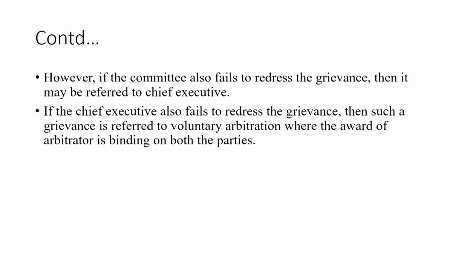If the chief executive also fails to redress the grievance, then it will go for voluntary arbitration, where the award of the arbitrator is binding on both the parties. Now, this word may be a new word for you. An arbitrator is a neutral party who intervenes between the conflicting parties, and the decision given by the arbitrator has to be obeyed and honored by both the parties.